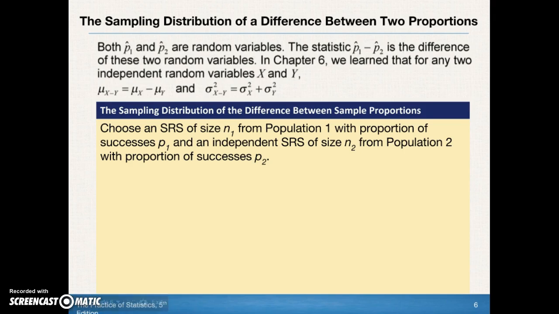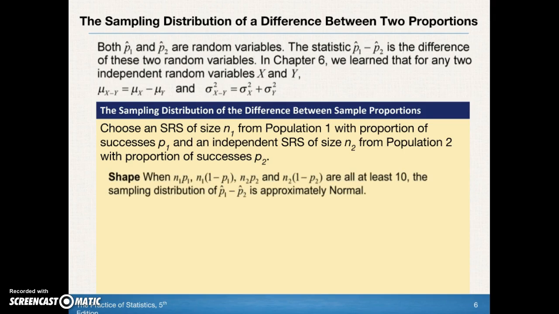So again, just going through what we are looking for: the shape. How do we prove it's normal? That's actually our large counts condition, where we did np and then n times 1 minus p, but we have to do it for both groups or both populations, and we want them greater than 10.